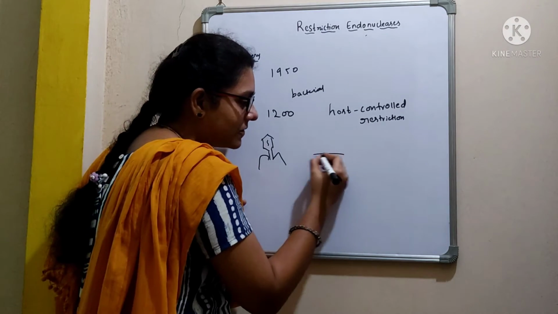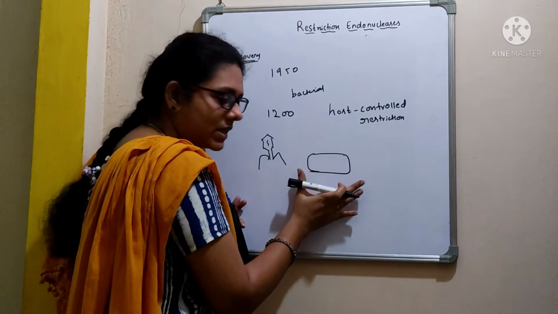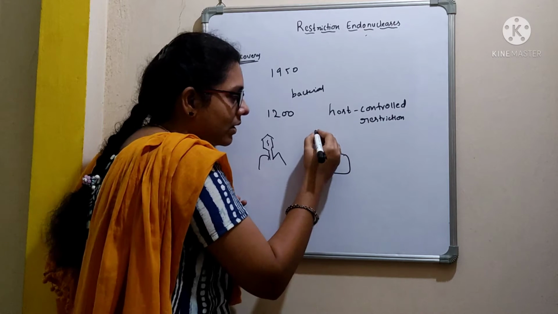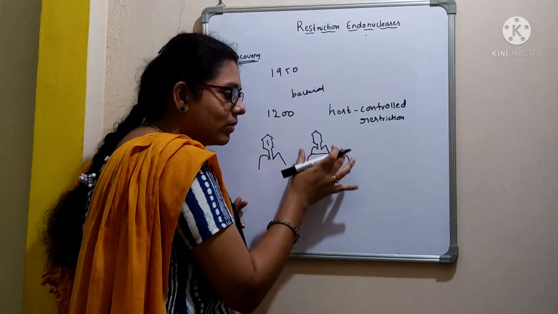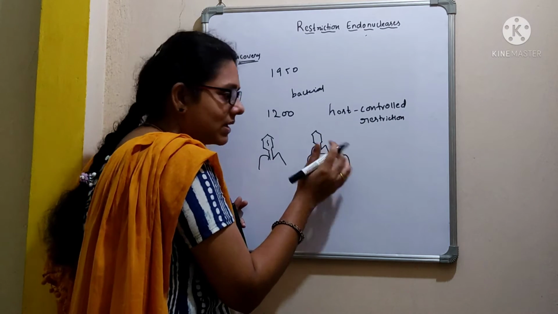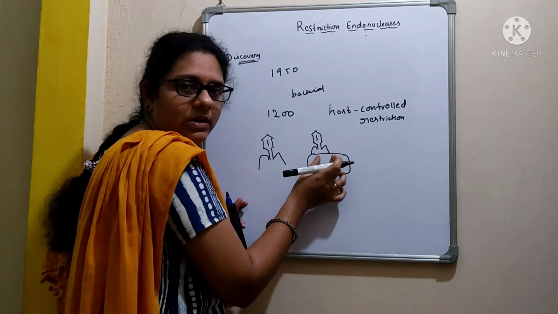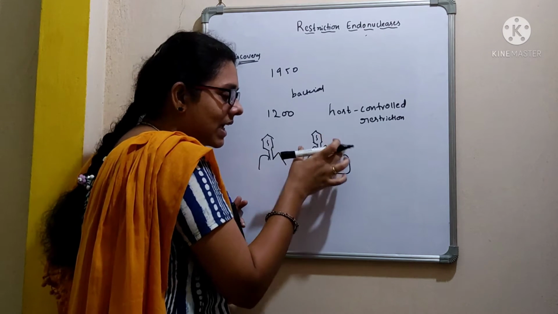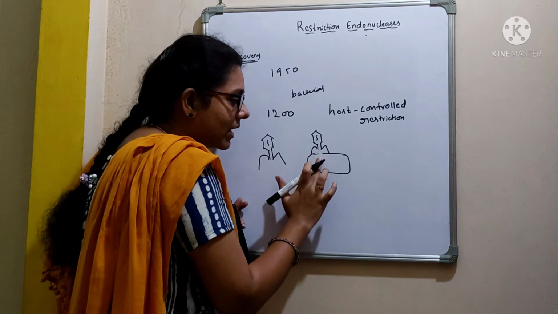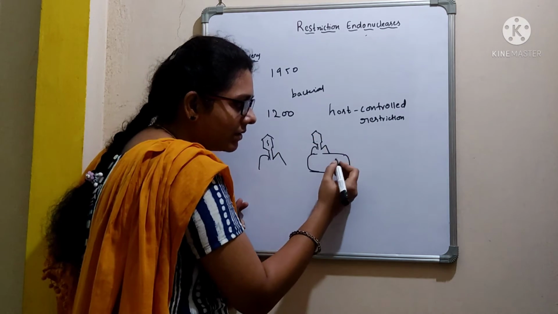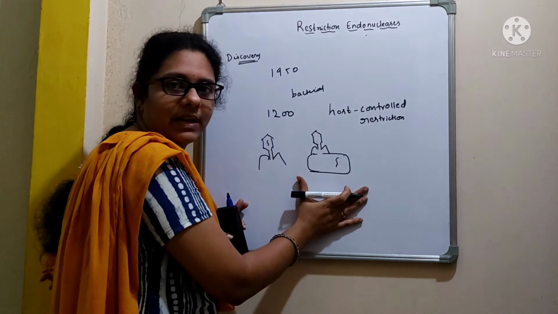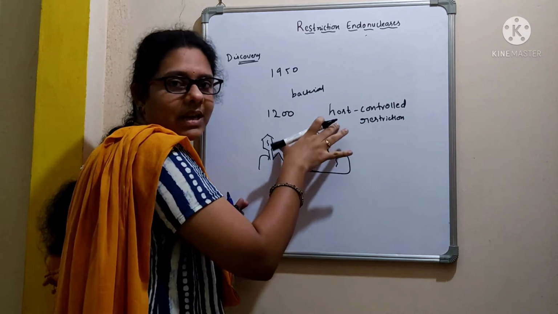If you take the life cycle of a bacteriophage, say for example, this is the bacterial cell. The bacteriophage is going to attach to the bacterial cell with the help of specific receptors. Once it gets attached to the bacterial cell, it is going to eject the nucleic acid into the bacterial cell as a part of its life cycle.